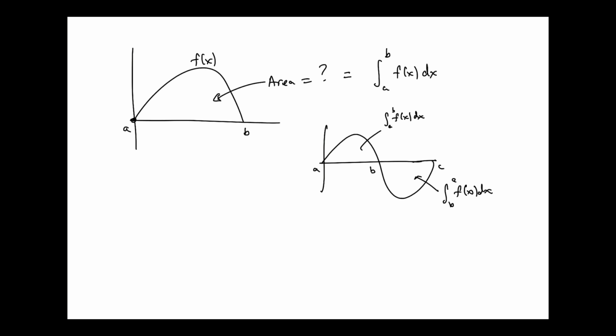But we're going to allow this integral to be negative, and there's good reason for that. But basically, how do we know whether something's going to be positive or negative? Well, if it's above the x-axis, we'll count it positive, and if it's below the x-axis, we'll count it negative. That seems logical, right?